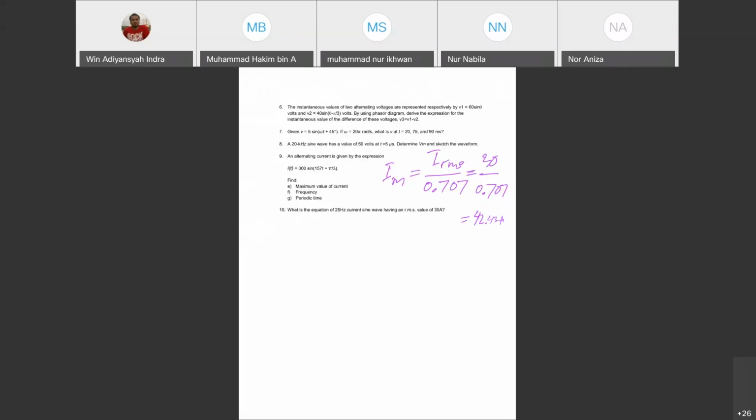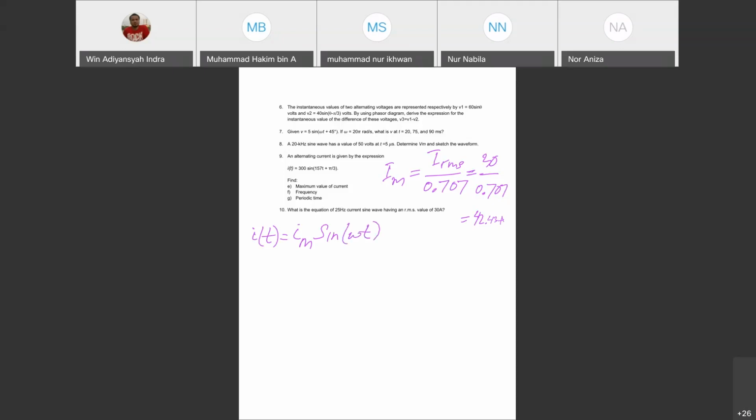The general equation of current here: i(t) equals I_m sine omega t.